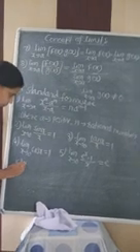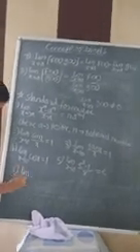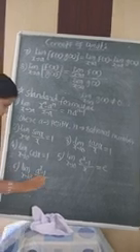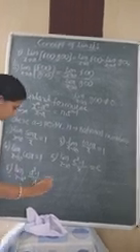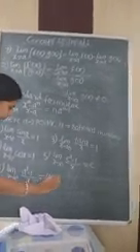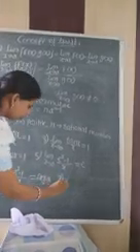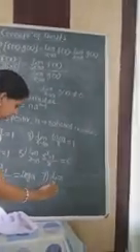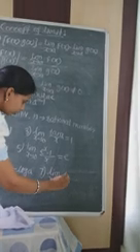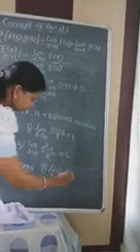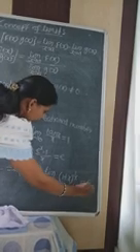Limit x tends to 0, a raised to x minus 1 by x equals log a. Limit x tends to 0, 1 plus x raised to 1 by x equals e.